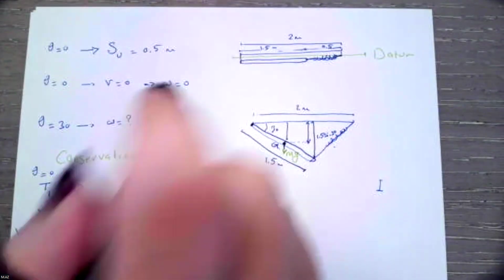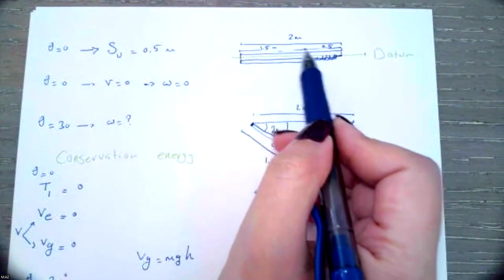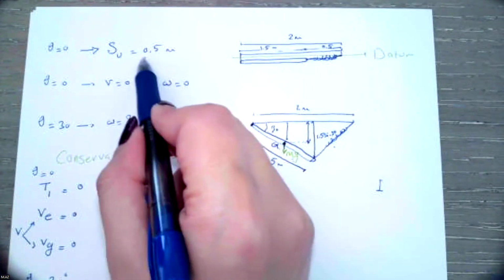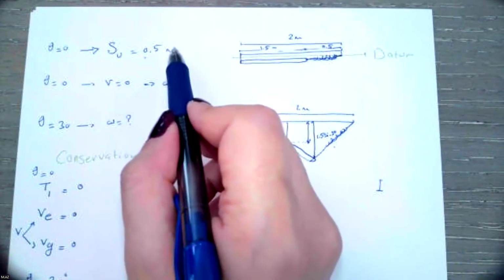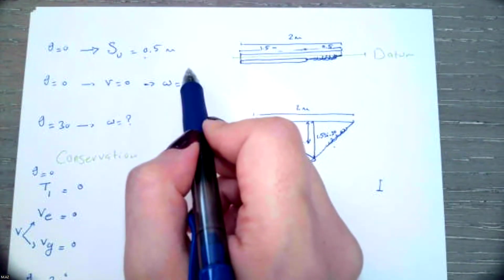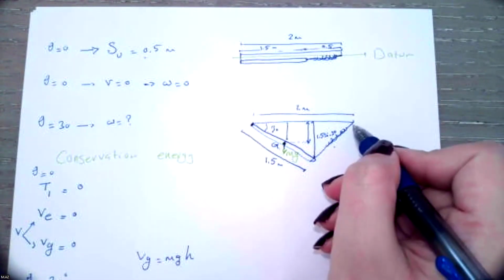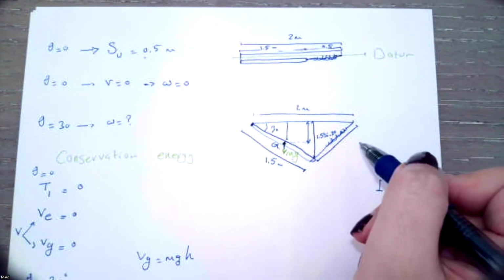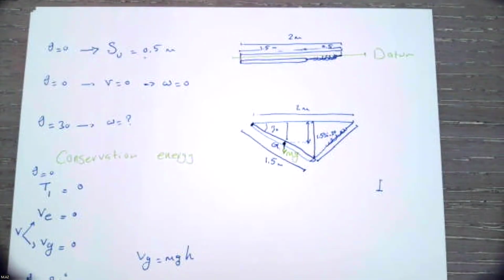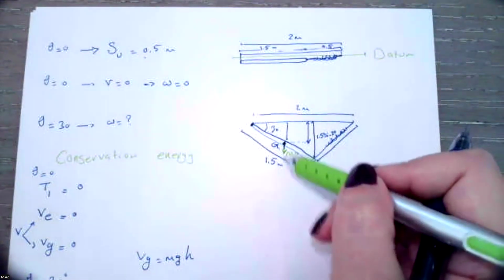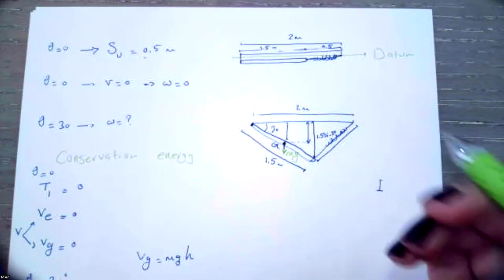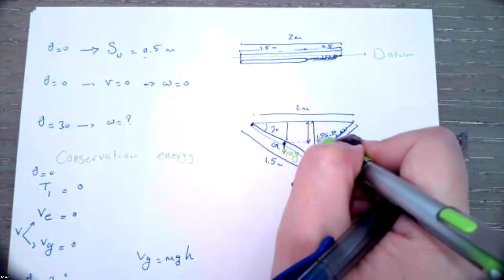The problem mentions that once theta is 0, the spring is in an unstretched condition. Now we have to find the length of the spring at the 30 degree condition. Let me draw it.